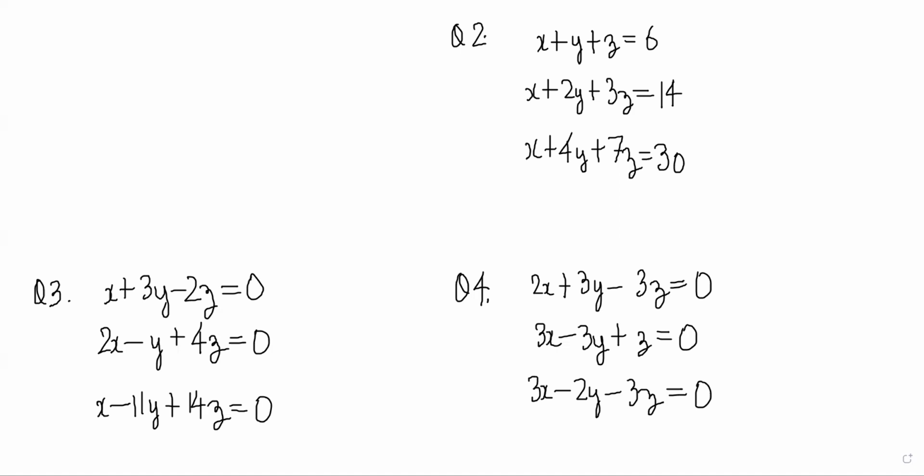Second one, det of A is 0, and why are you saying no solution? Because adjoint of A into B is not 0. It is 0.